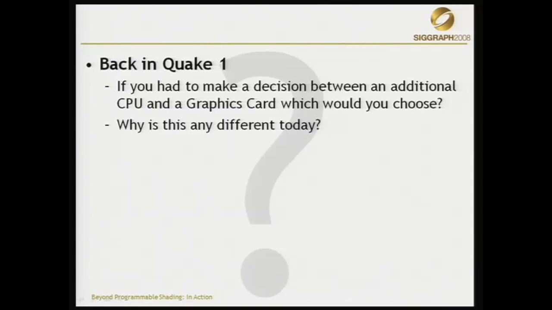So that's a little misleading. Due to the fact that early rasterization hardware could process a pixel per cycle, a single additional CPU would not match the improved performance of a GPU. So it really comes down to price. You get faster hardware that can do the same thing for less money, and I do believe that this is still true today and for the foreseeable future.